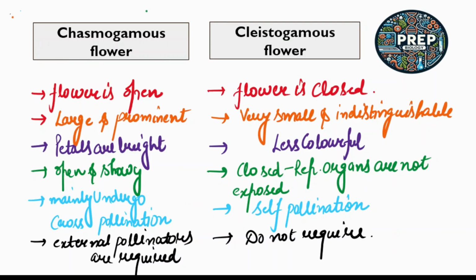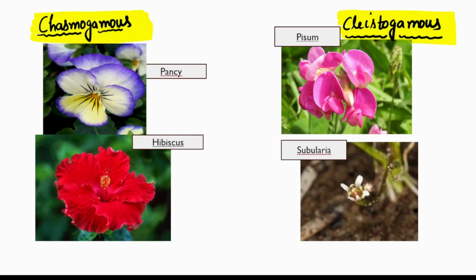So the very first difference is that chasmogamous flowers are open and the clistogamous flowers are closed. That means the reproductive organs, the stamen and pistil, are exposed in chasmogamous flower, and in clistogamous flower they are unexposed. I hope this is clear to you all. If we see the picture of chasmogamous flower, we have examples like pansy flower and hibiscus. Hibiscus is the China rose.